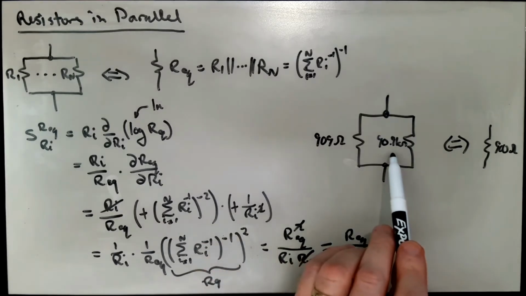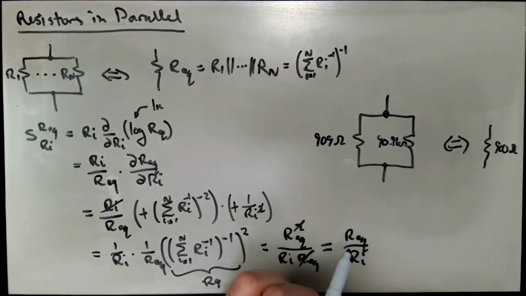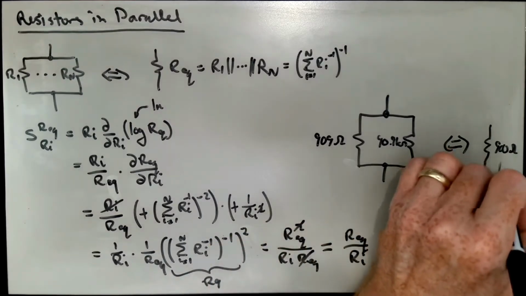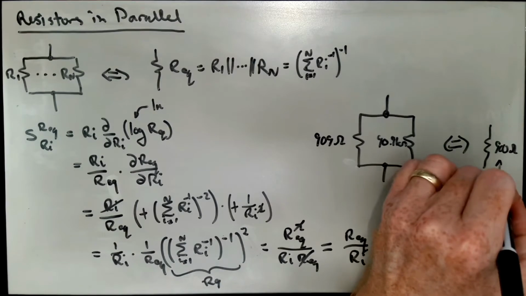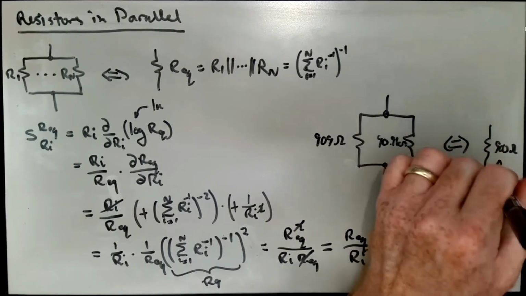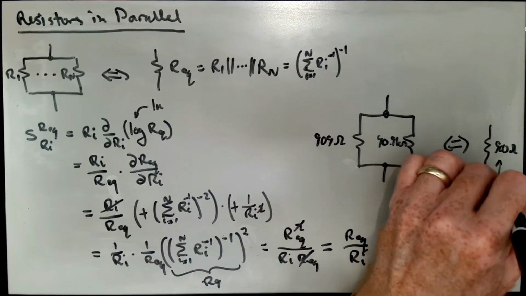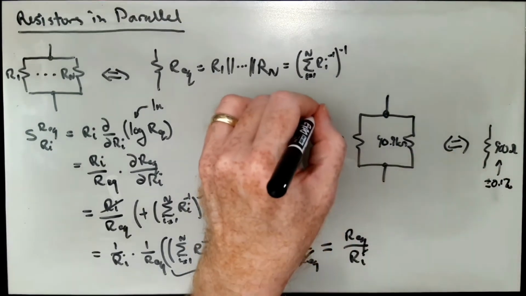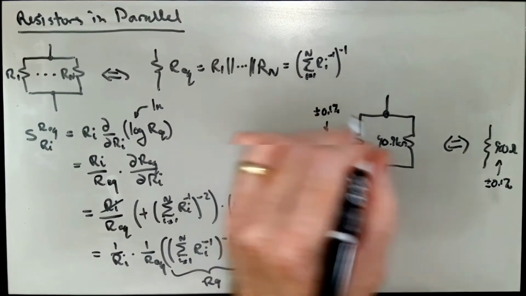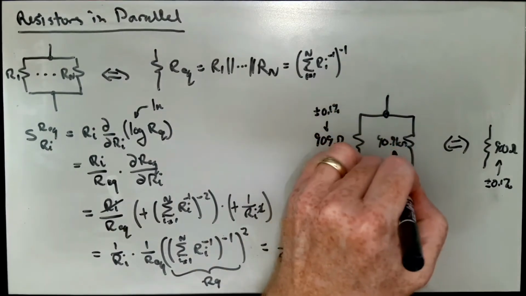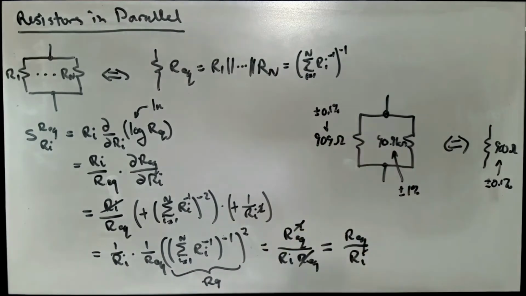Whereas this 90.9K ohm resistor is going to be weighted by 900 divided by 90,000. So it's going to be knocked down by quite a lot, right? So that says that if we wanted to have, let's say, plus or minus 0.1% again, we could use a plus or minus 0.1% resistor for that one, but we could use a plus or minus 1% resistor for that one quite comfortably.